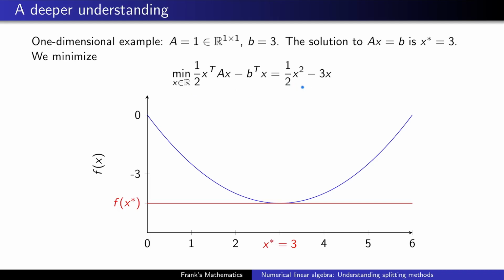If you plot this in a graph, the blue line is f of x, so the blue line is this term here. And the minimum of this function is, of course, by construction, as we just proved, at the point x star equals 3. So this is a visualization of the optimization problem. Of course, we are going to do it in more dimensions, but therefore it's harder to visualize.